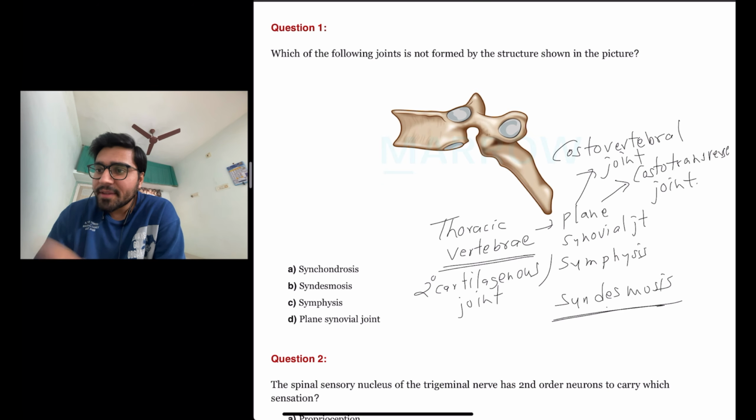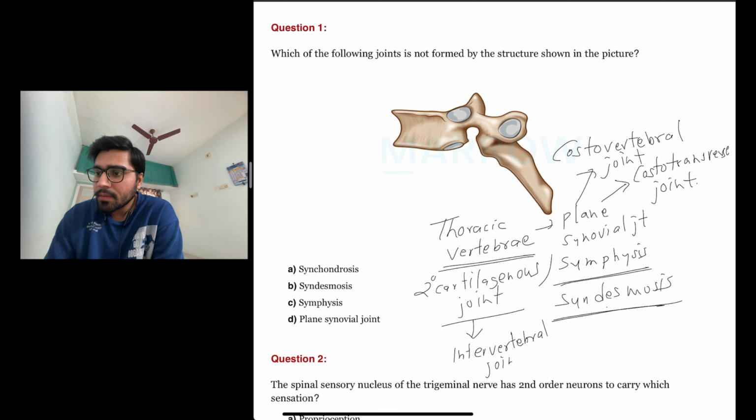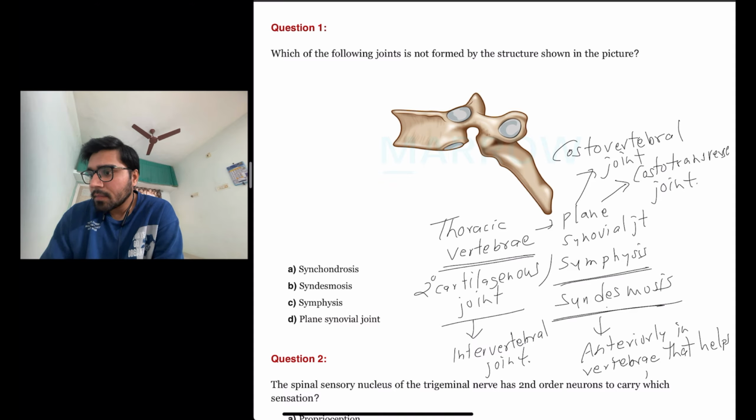The symphysis or secondary cartilaginous joint that is seen is the intervertebral joint, and syndesmosis is seen anteriorly in the vertebra that helps in the movement.